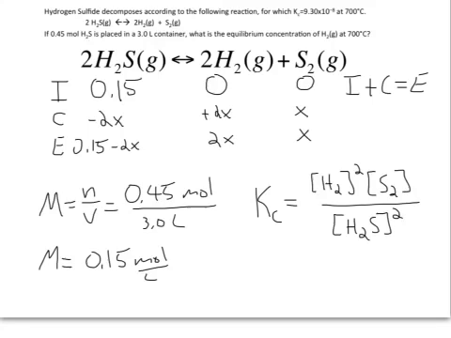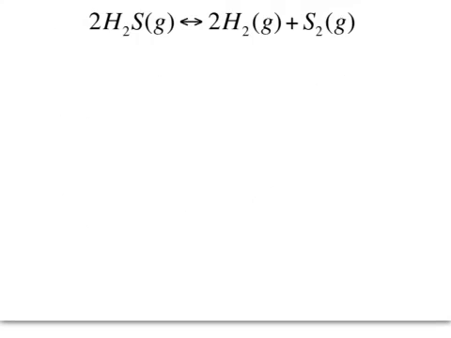And so I'll put 2x in for H2, I'll put x in for the S2, and I'll put 0.15 minus 2x in for the H2S. I'll do that on the next slide. Let me go ahead and put in the number for the equilibrium constant as well.